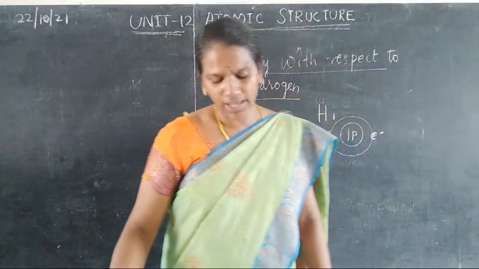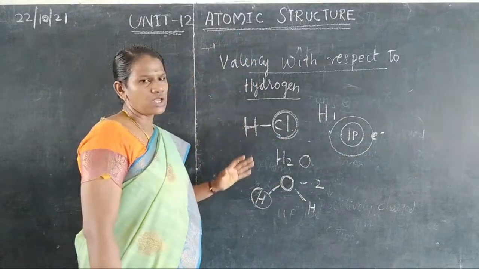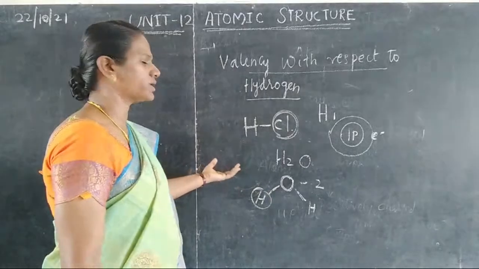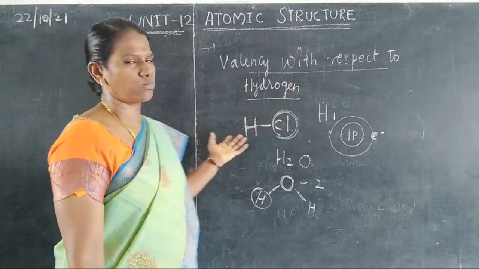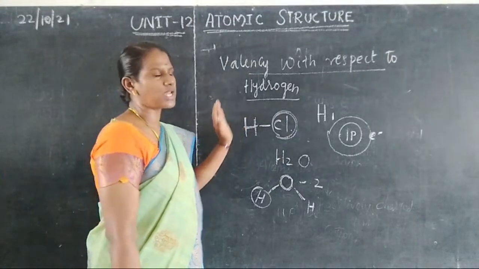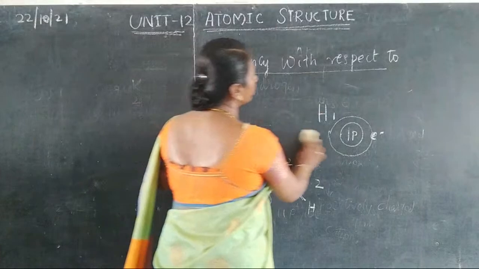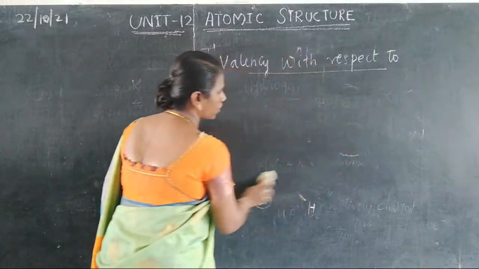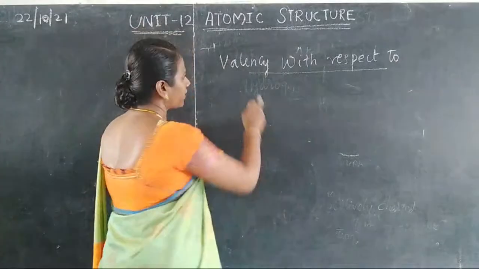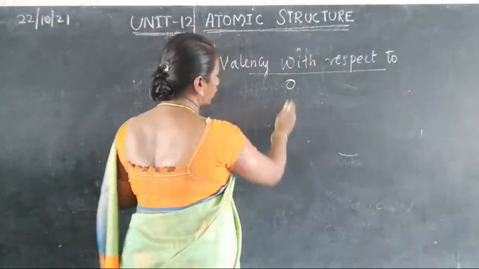So we can decide the valency of other atoms by comparing with oxygen and chlorine. Next, we will talk about the valency with respect to oxygen and chlorine.